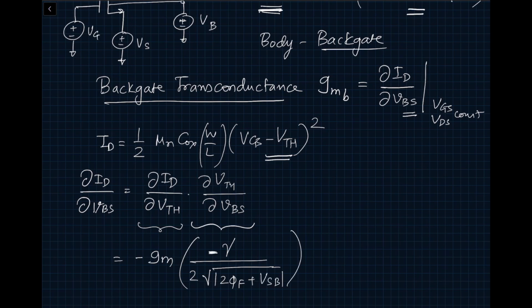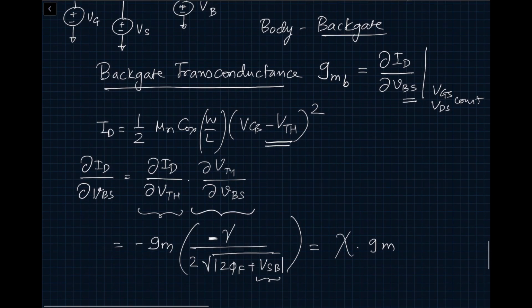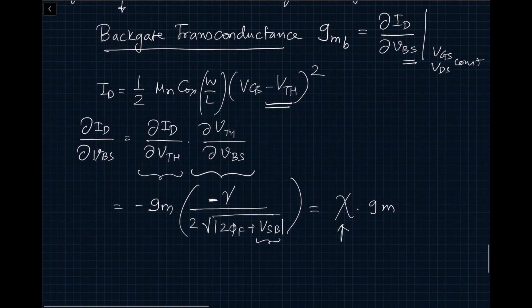The negative sign is because we have VSB here and VBS here. So the final result is a factor like zeta times gm, our original transconductance. And this factor is somewhere in the range 0.1 to 0.3. So this is our gmb.